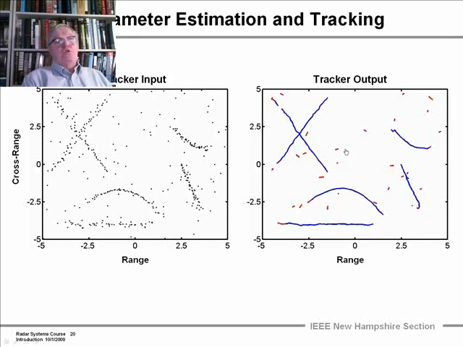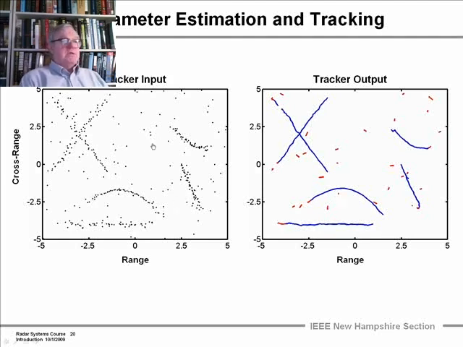And then the tracking issue, which I've shown in this visual, where the input to the tracker comes from many different scans. You see that these targets are coming from one direction and the other, though we'll correlate them not just in range and cross range as they are here. We'll also take time into account, and that makes it much easier to do the tracking.